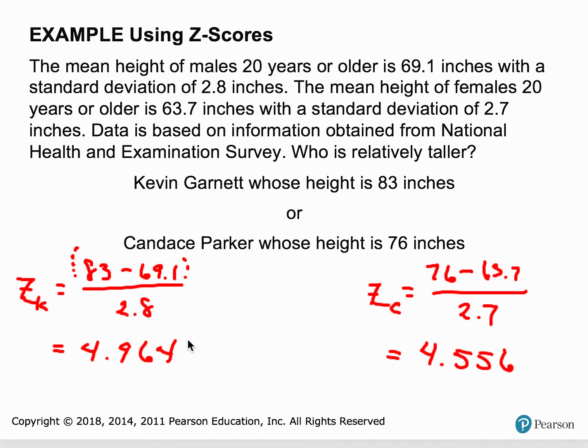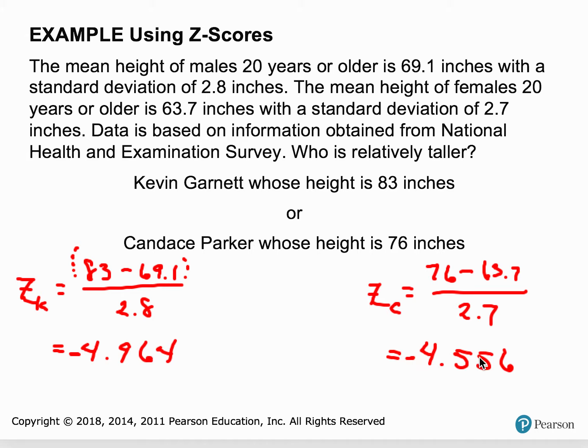Okay, so that's what z-scores are used for, to compare apples to oranges, right, based on the same scale. Now, be careful with negative z-scores, because suppose your z-scores involved Kevin and Karen running a marathon, right? Who's the fastest? In that case, let's say that we wound up with a negative score.